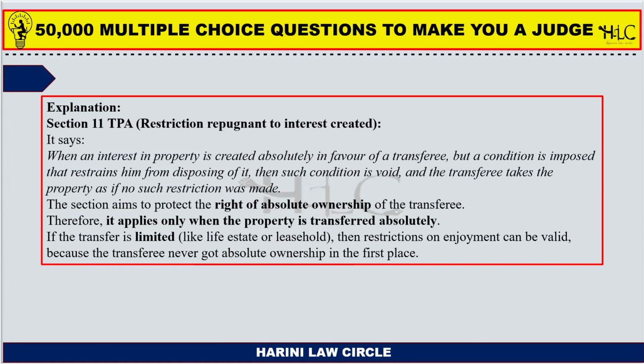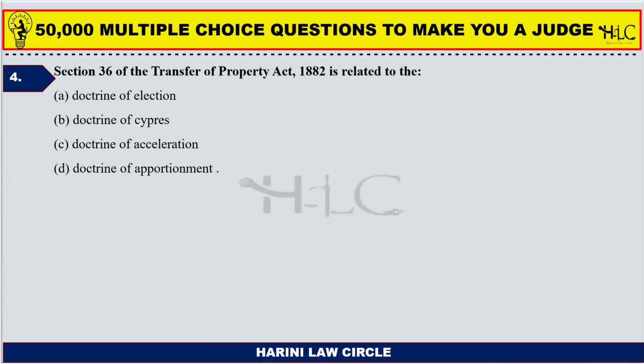So this section basically aims to protect the right of absolute ownership of the transferee. Therefore, it applies only when the property is transferred absolutely. If the transfer is limited, like a life estate or a leasehold, then the restrictions on enjoyment can be valid because the transferee never got the absolute ownership in the first place.